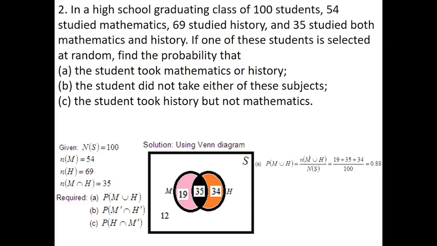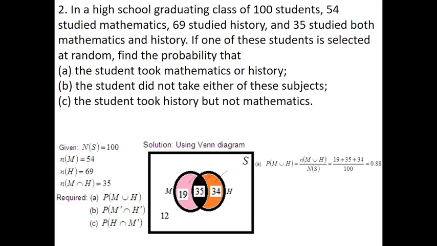So, ilan lahat ng bilang ng lahat ng mga possible outcomes. So, yung bilang ng M union H, 19 plus 35 plus 34.